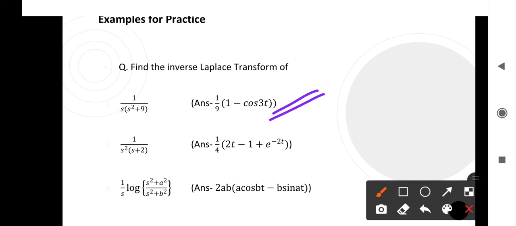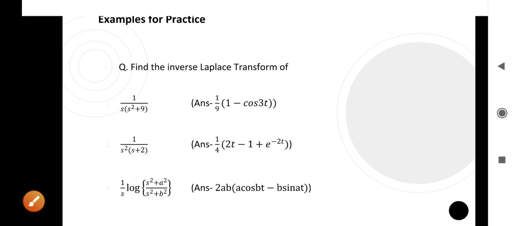It is also useful in the applications of Laplace transform to solve simultaneous linear differential equations, or just to get the solution of linear differential equations with constant coefficients. So solve these examples and check whether you are getting the same answers or not.